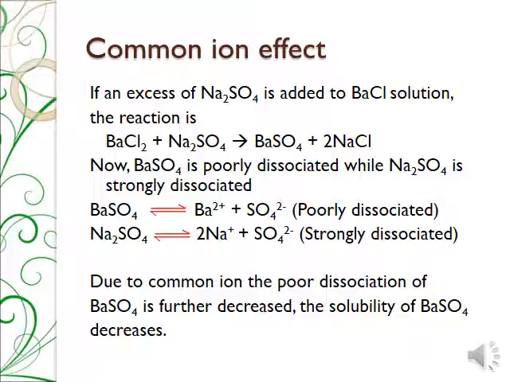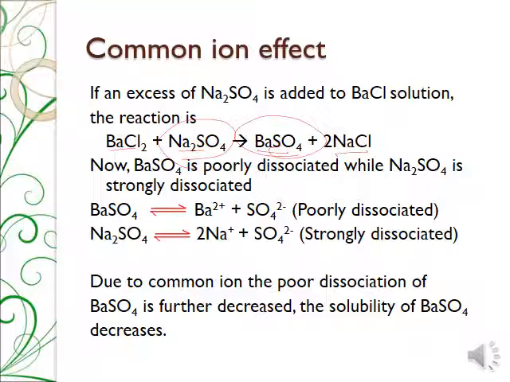Another example, if an excess of sodium sulfate is added to barium chloride solution, this is the reaction which occurs. Barium chloride reacts with sodium sulfate, we get barium sulfate and also sodium chloride. Barium sulfate is poorly dissociated, and sodium sulfate is strongly dissociated.